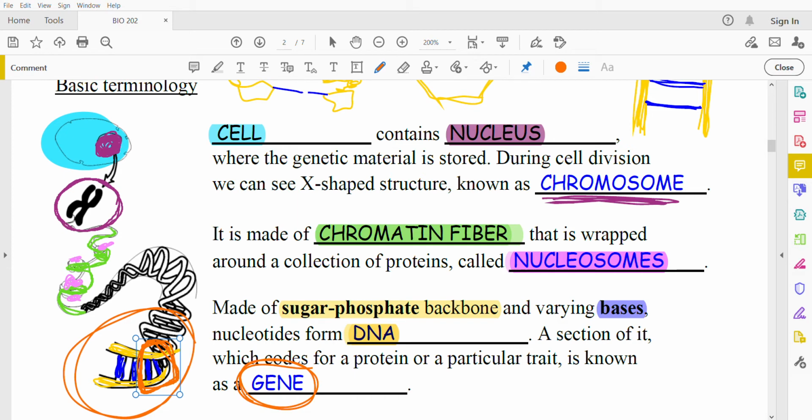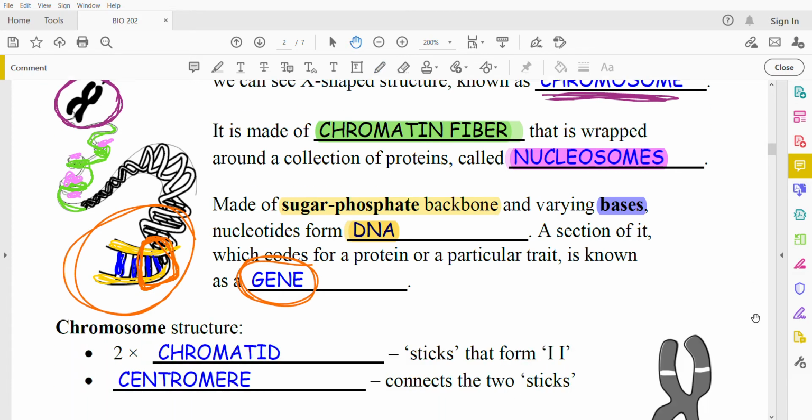I hope that those make sense and clarify what we are talking about when we discuss some of the basic concepts that we see here.